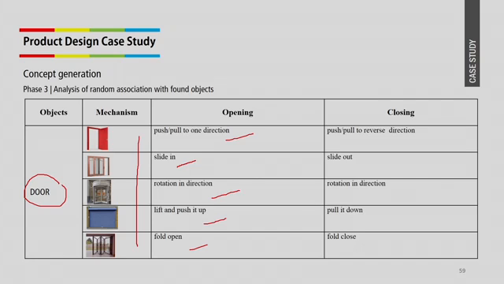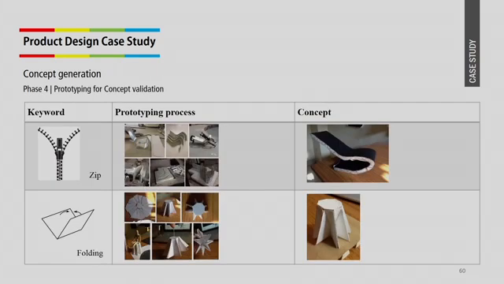Using those actions, we started making our prototypes for concept validation. For example, using this zip action where two sides come and join. Using that action, we started making prototypes.